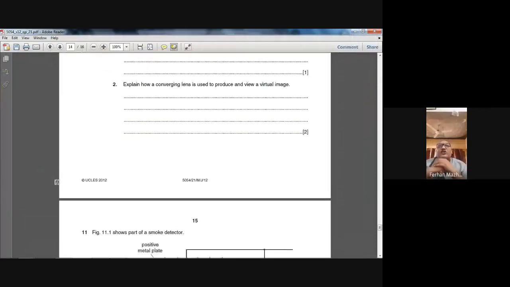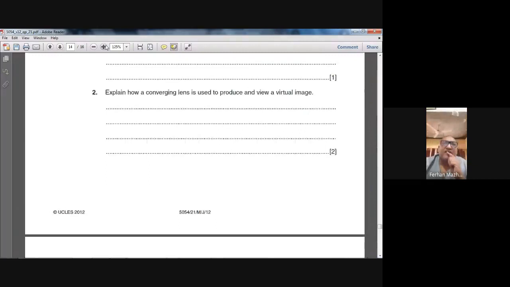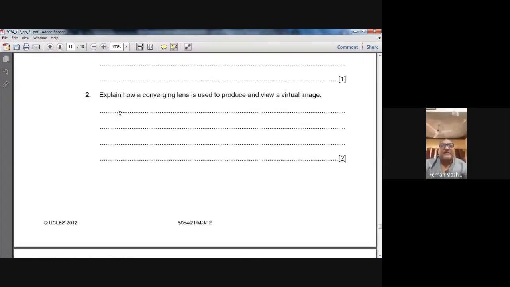The next question is explain how a converging lens is used to produce and view a virtual image. You see, if you want to have a virtual image by the converging lens, the process is very simple. You place the object between the focal length and the optical center of a converging lens.